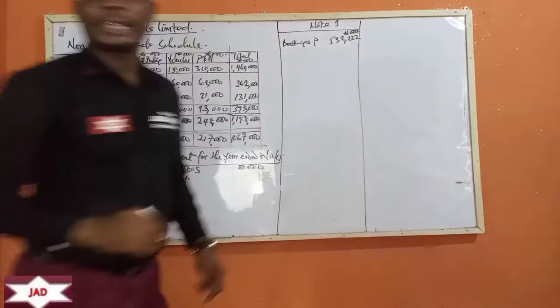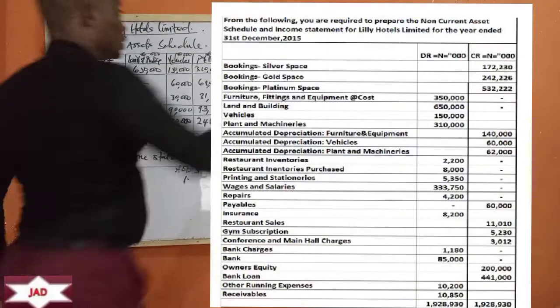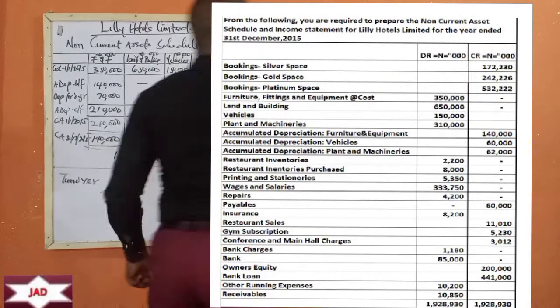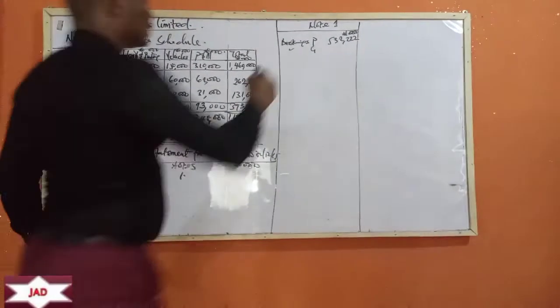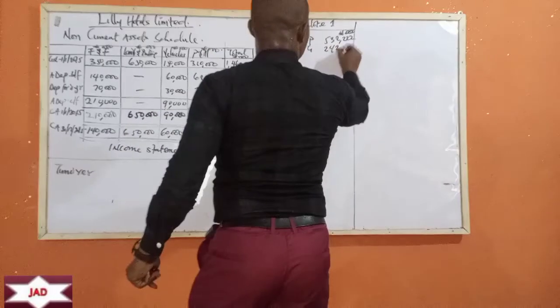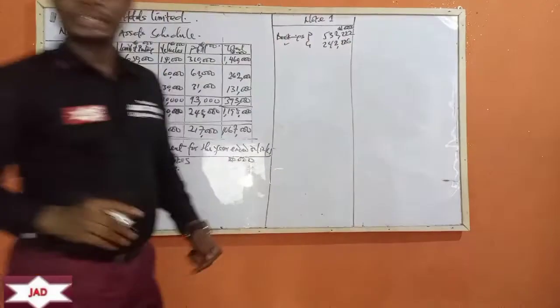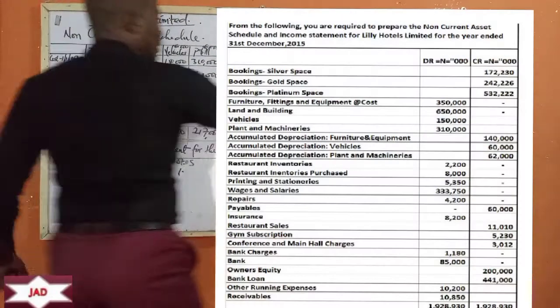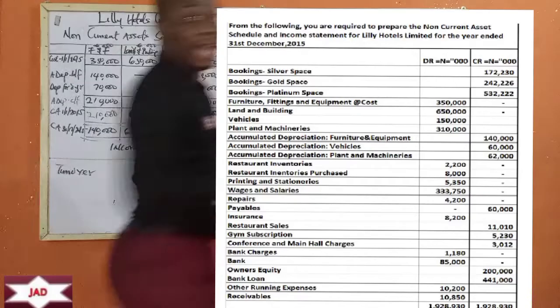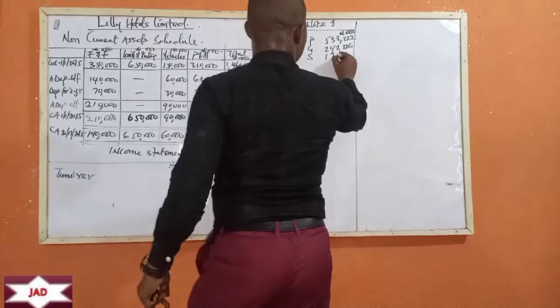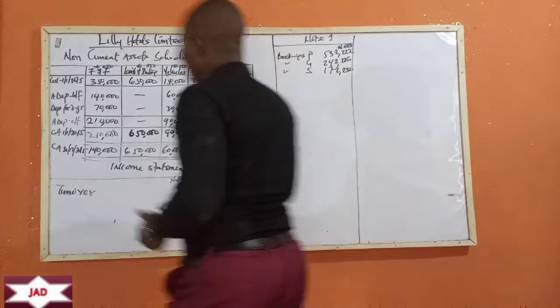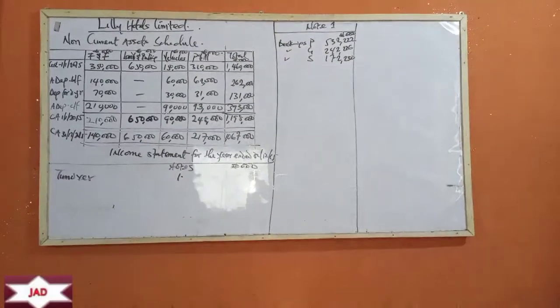Bookings for gold space, I can see 242,226. Bookings for silver space there, I see 172,230. So any other income items?